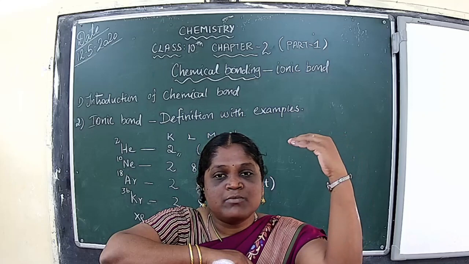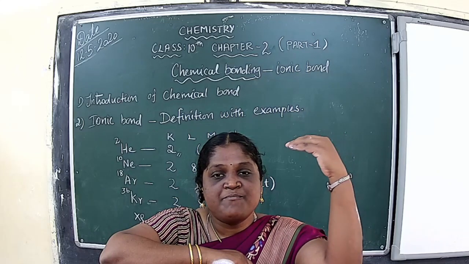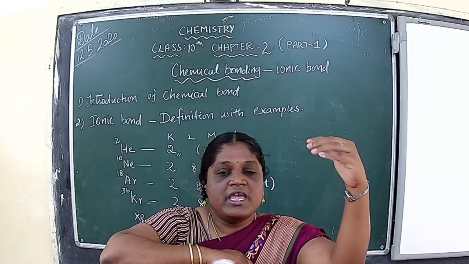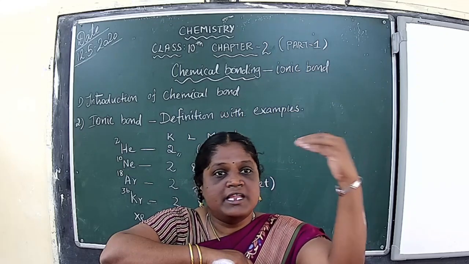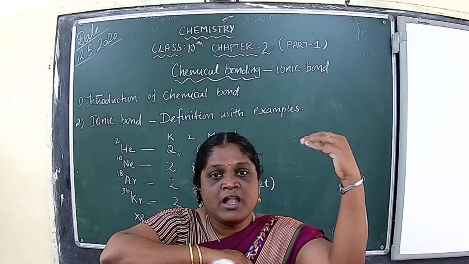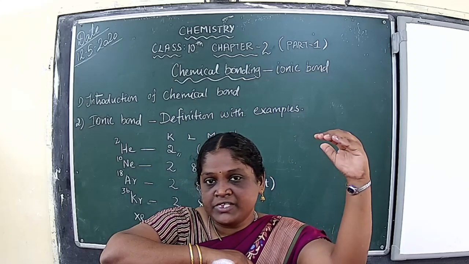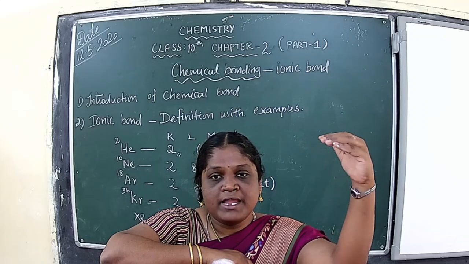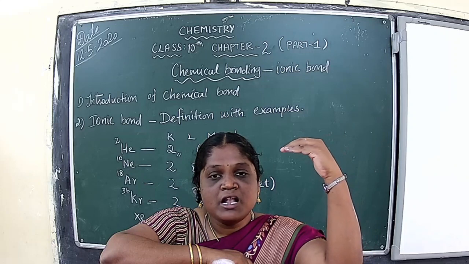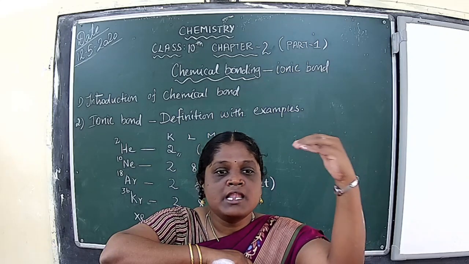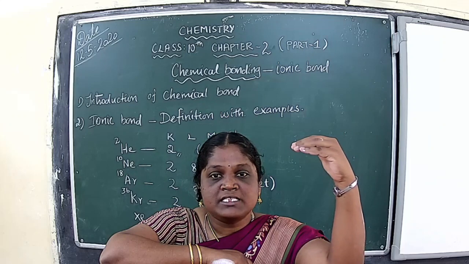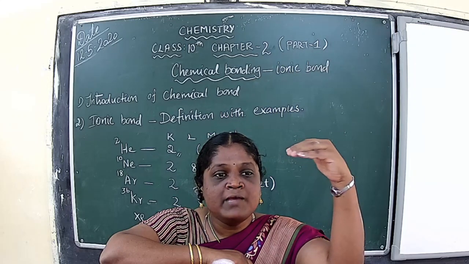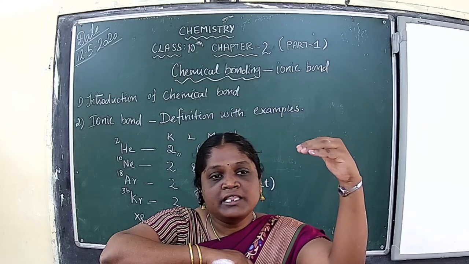If it is 8, it is a stable electronic configuration. Understood? So if it is a doublet or octet, there is a stable electronic configuration. That's why noble gases are chemically inactive. Clear this?